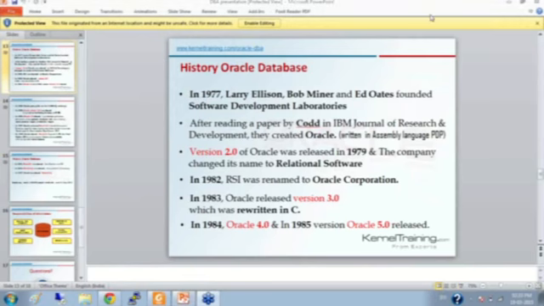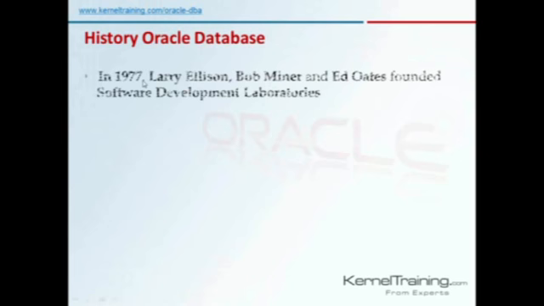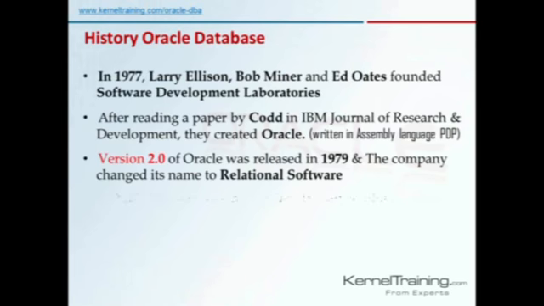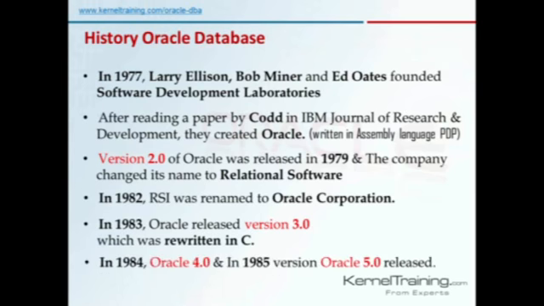So Oracle actually started its version from version 2.0. Okay, in 1979 you got version 2.0, then you got 3.0, which was written in C language, then you got 4, 5, 6.0, 7, 8, 8i.